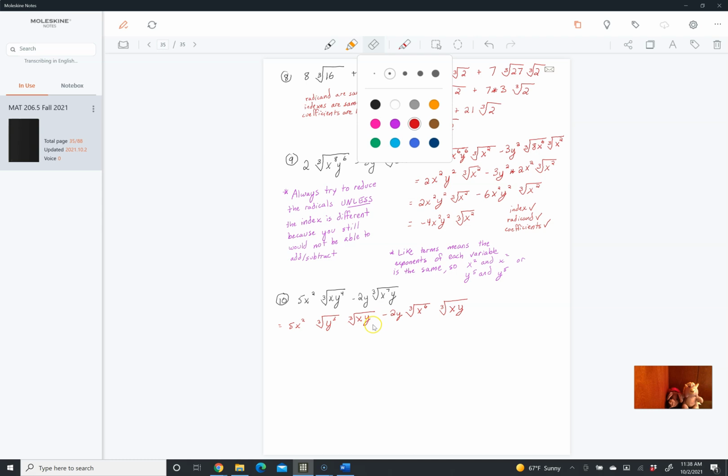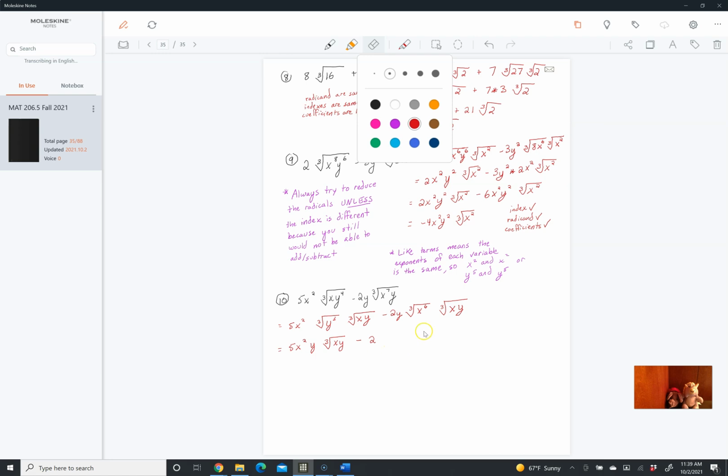Okay, now we're going to reduce. And I want you to notice even here, you know that you're most likely going to be able to subtract because you wind up with the same radicand. But you don't make any assumptions. You still want to make sure that your coefficients are the same. So we get 5x squared, and then the cube root of y cubed, 3 divided by 3 is 1. So we just get 5x squared y. And then the cube root of x times y. Over here, we get 2.